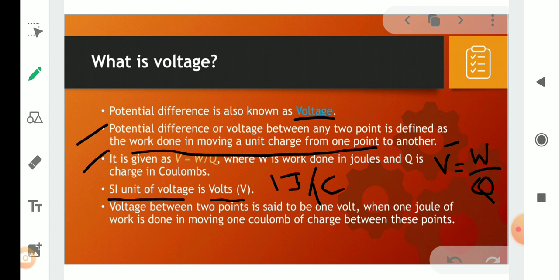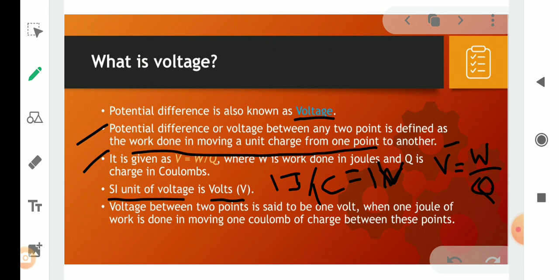The potential between 2 points is said to be 1 volt if 1 joule of work is done in moving 1 coulomb of charge. Then the potential difference is said to be 1 volt.